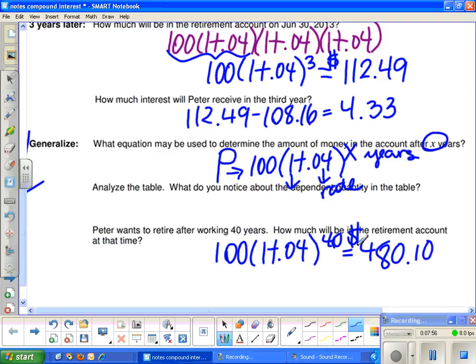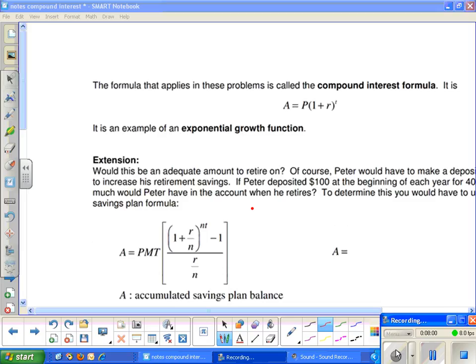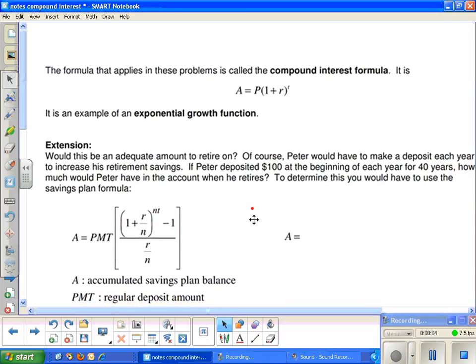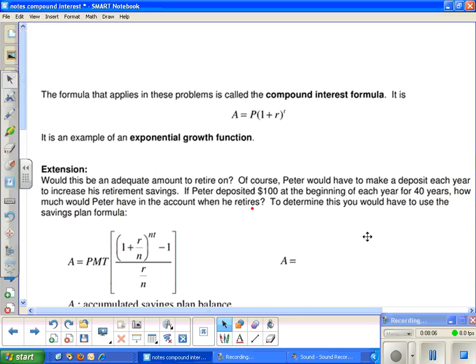So the question is, what do you know? This is it real quick. And this is your formula in general that you're going to use. And I talked about it a minute ago, but I want you to label this just to be sure. This right here is A. This is the amount in your account, or your account balance.